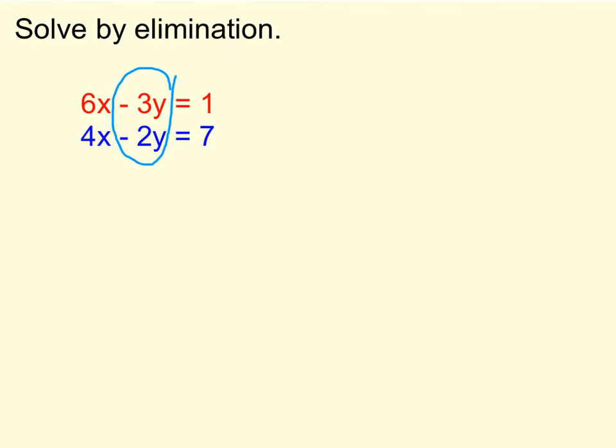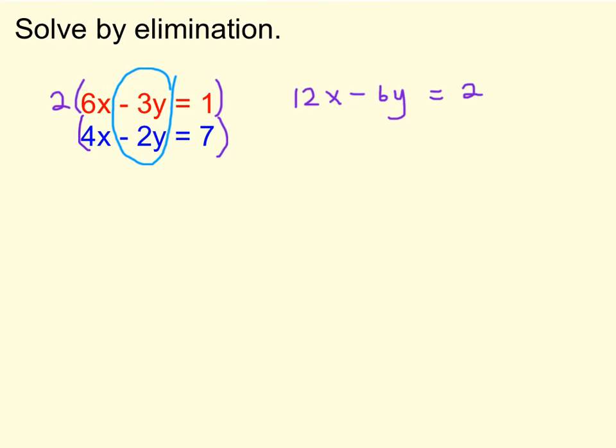I'm going to multiply the top equation by a 2. That's going to give me 12x minus 6y equals 2. So I multiplied everything by that 2. Now the bottom equation, I don't want to multiply by a 2. I want this down here, this negative 2y, I want that to be a positive 6y over here.